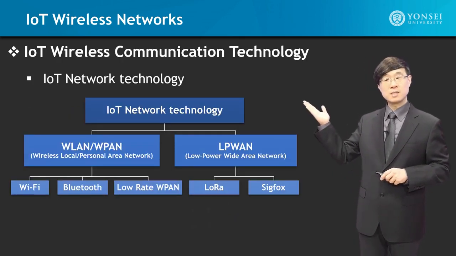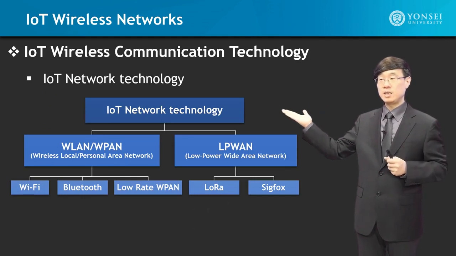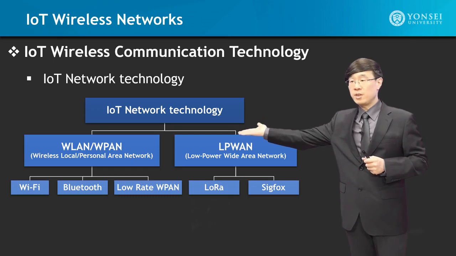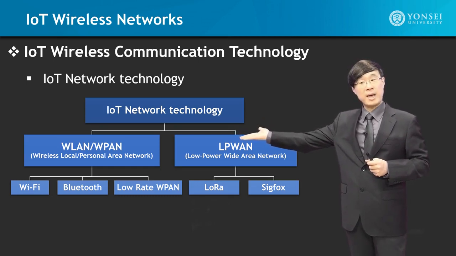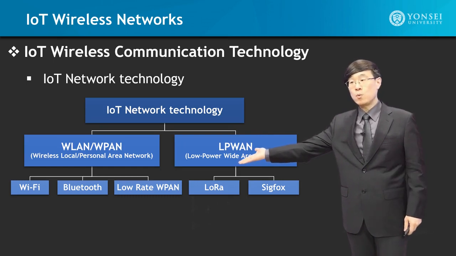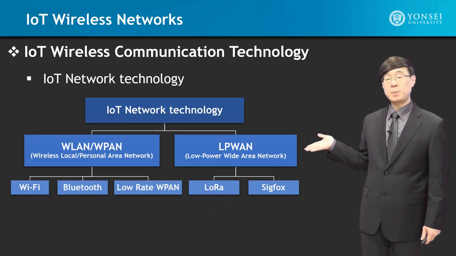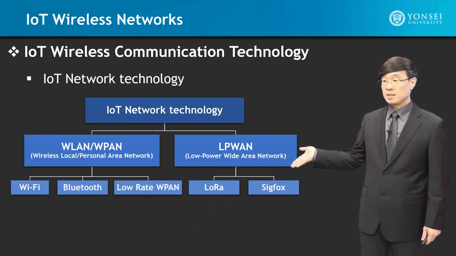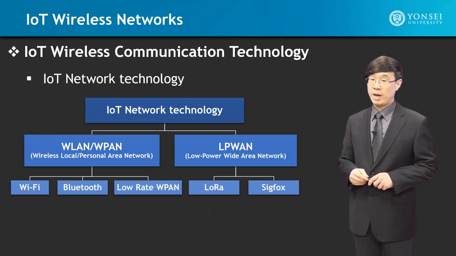Looking at the overall scope of IoT networking technology, there is wireless LAN and wireless PAN, and in those we have Wi-Fi, Bluetooth, and low rate wireless PAN. Also, there is LPWAN, which is short for low power wide area network. Protocols such as LoRa and Sigfox fall into this range.